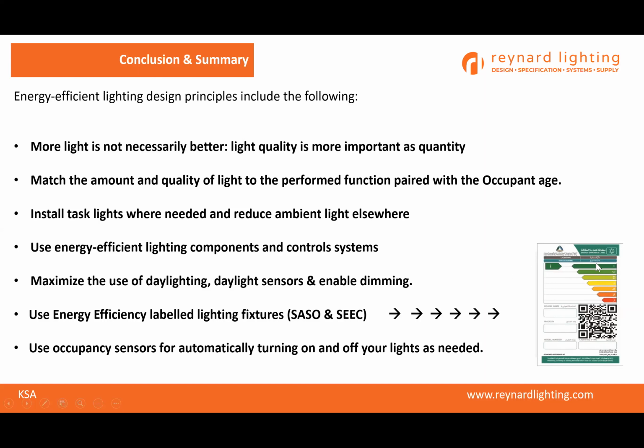When it falls here, it has the highest and optimum energy efficiency. When it is in the red color, it means it's no longer an energy efficient product. And finally, use occupancy sensors for automatically turning lights on and off as needed.